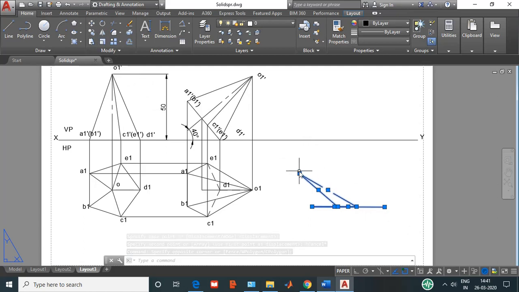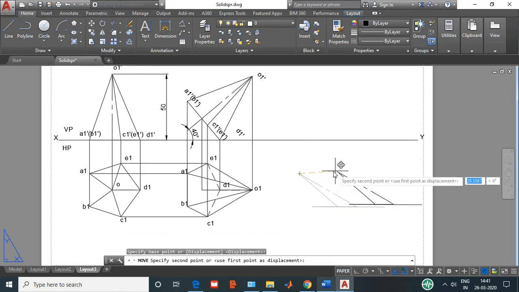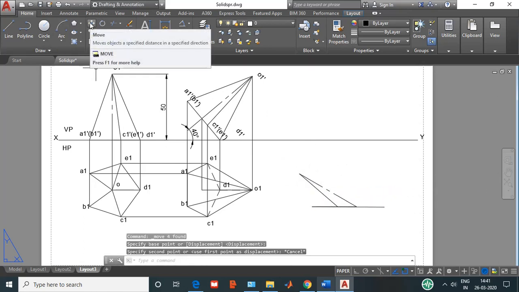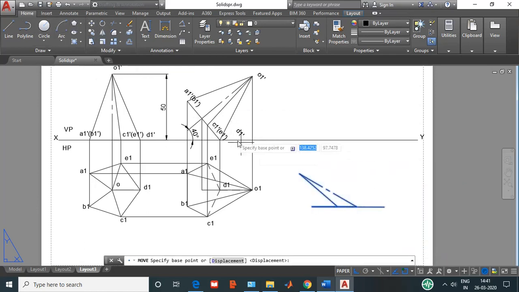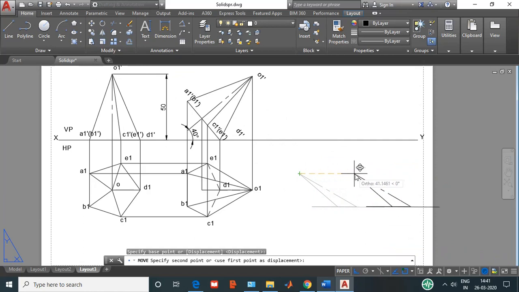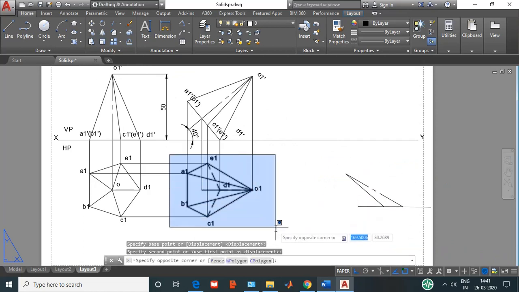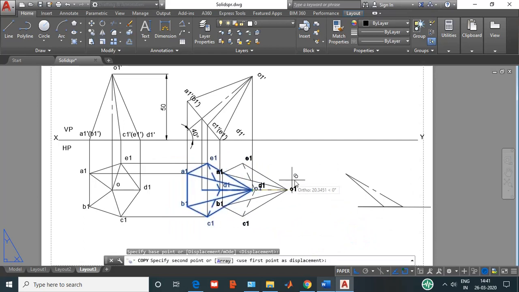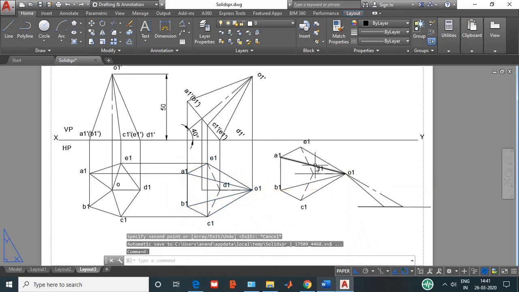Move, keep the ortho on so that the angle is not disturbed. F8. Move, let me do it a little bit away. Now I will select this completely, copy from here and keep it at this point. Now I need to merge this line with this line.